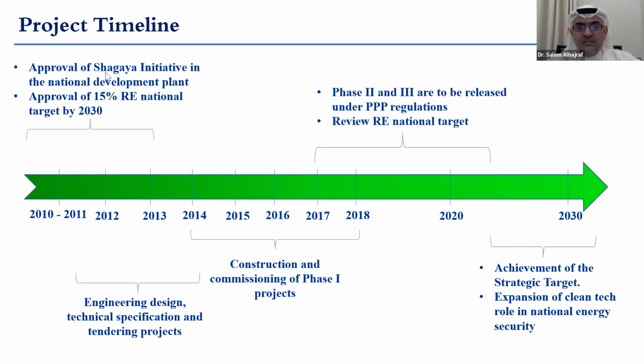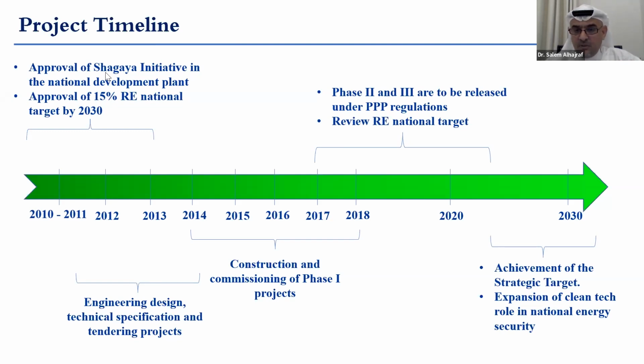From 2017, we started, at that time I was working with the Kuwait Institute for Scientific Research, planning for phase two and phase three. We released the news through the regular channels, and also we reviewed the master plan that we developed in 2013.